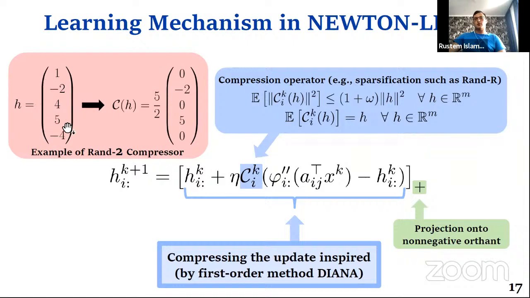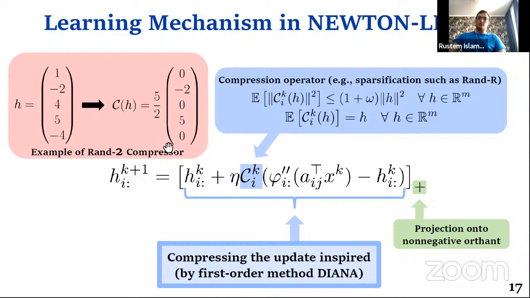Let's assume that the input of this compressor is this vector, and the output, as you can see, has only 2 non-zero elements, and the rest of them are 0. And now we also multiply by some fraction in order to make the output unbiased.